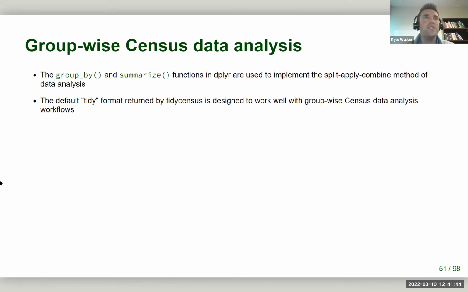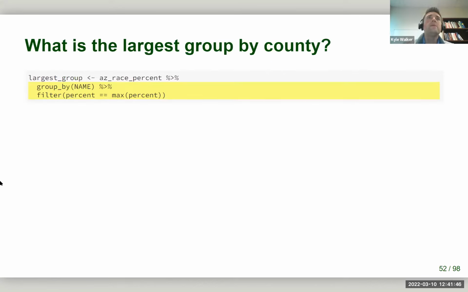So let's ask a few questions and explore our data. Let's say, which group has the largest population share by county? What we can do here is specify, again using our piping operator, we can say, create a new object called largest_group. And so we're talking about the largest population share.